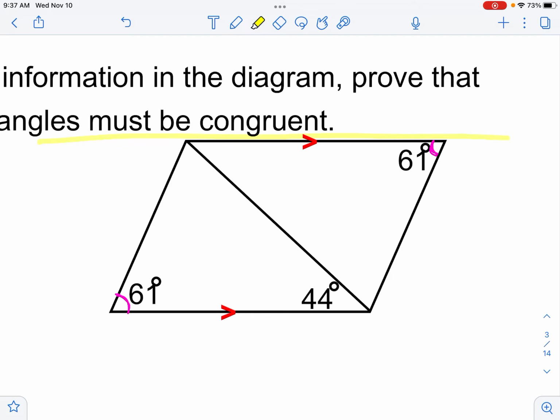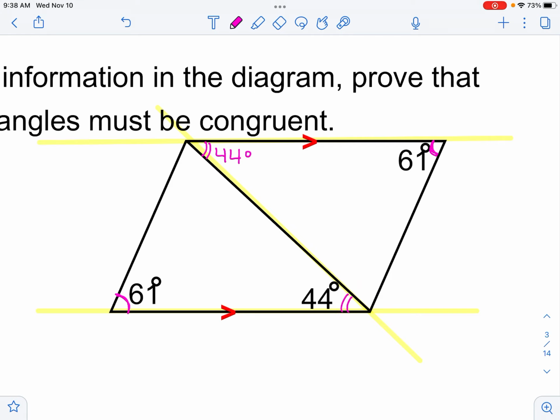Next, I notice that we have parallel lines right here, and we have a transversal right here. So now I see alternate interior angles, so I can say that this angle is 44 degrees. So I have another set of congruent angles: this 44 degree angle is congruent to this 44 degree angle.